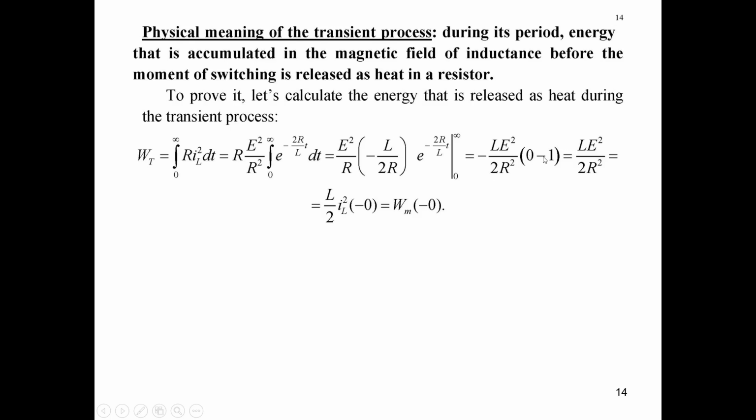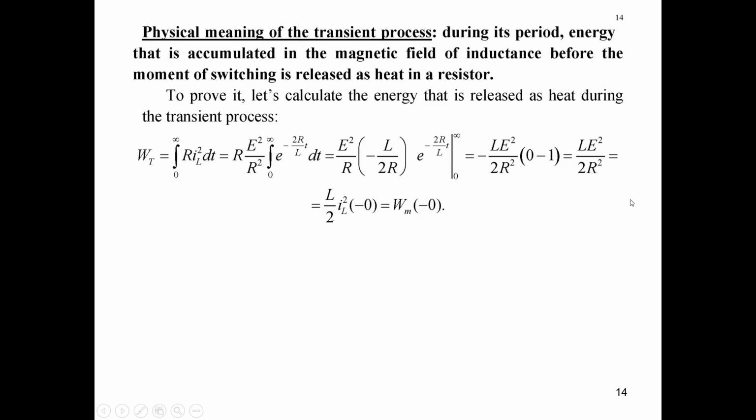Then minus, and substitute this lower limit. It will be the exponential function in 0 degree, which will be 1, a unit, here minus 1. So this minus and this minus will give plus, and we will have just L E squared over 2R squared.